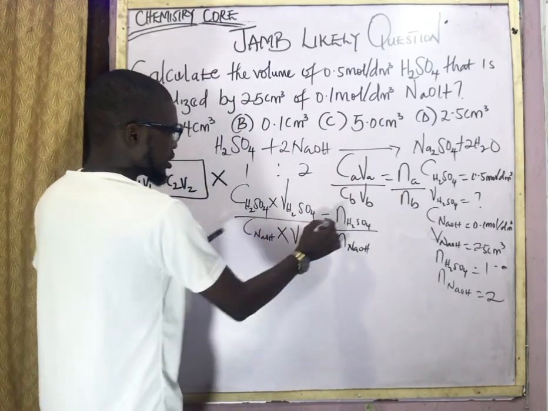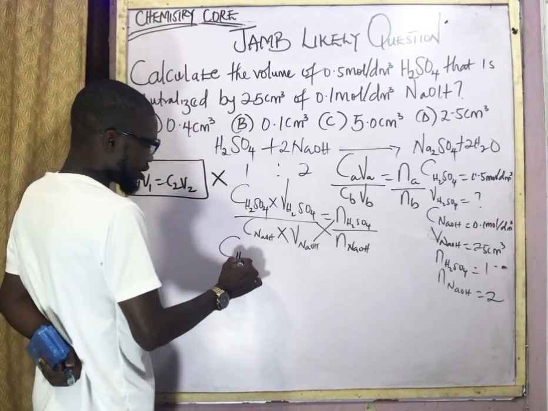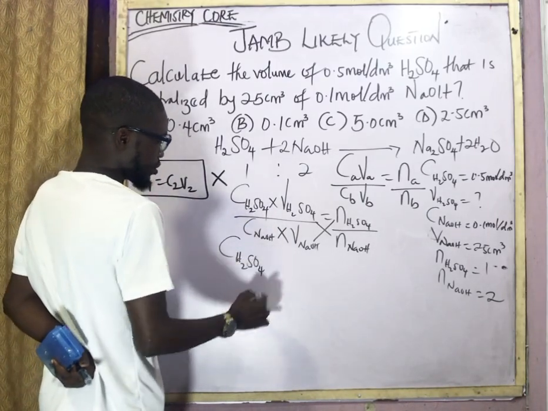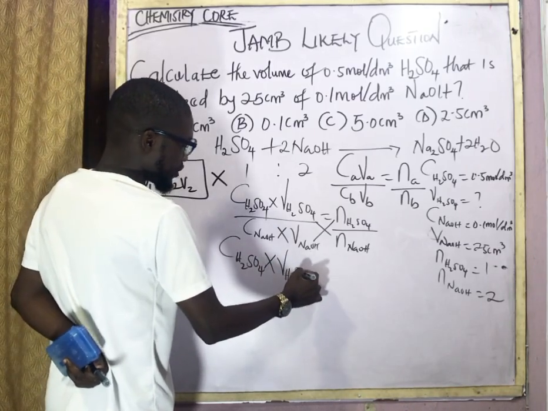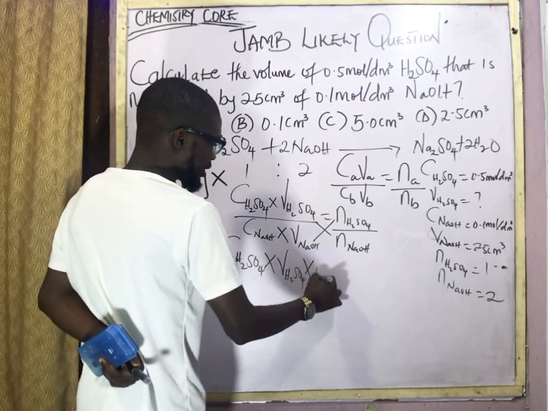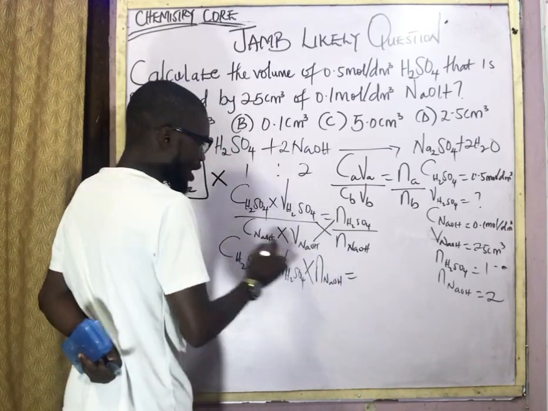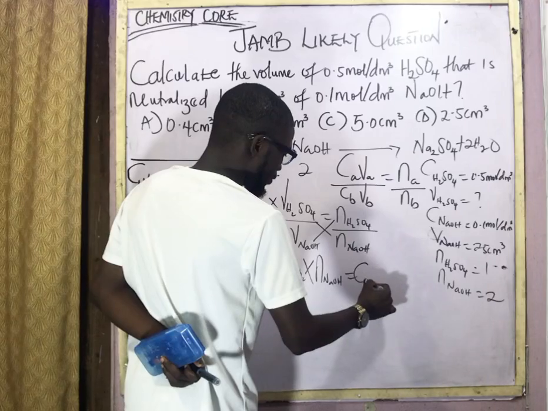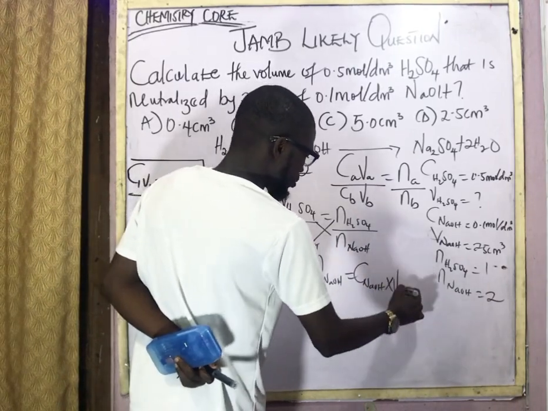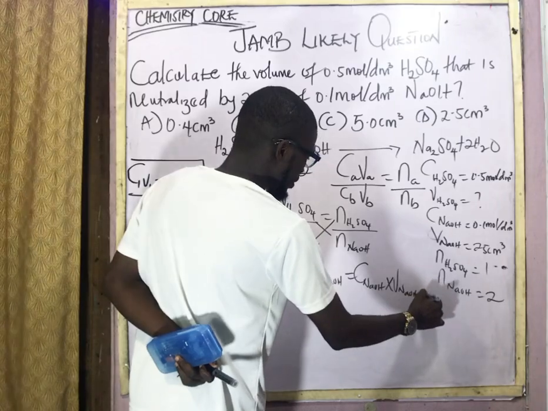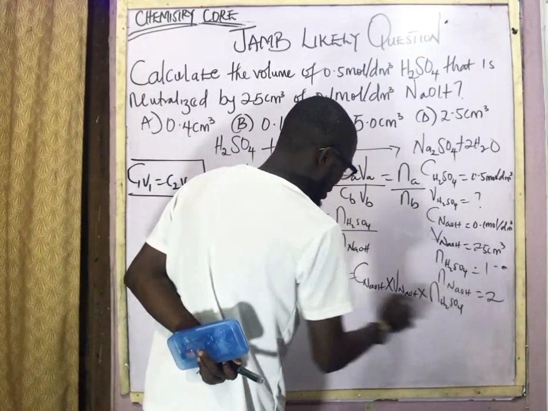So with that, when you cross multiply, you have CH2SO4 multiplied by the volume of the acid multiplied by the number of the base equal, what do you have here? The concentration of the base multiplied by the volume of the base multiplied by the number of mole of the acid.